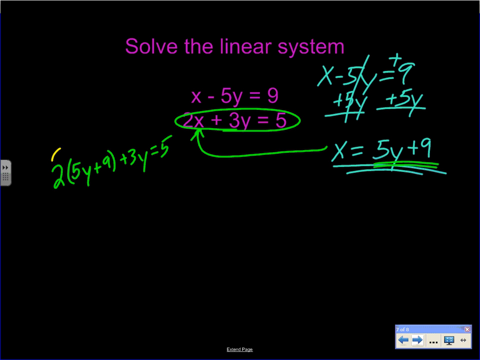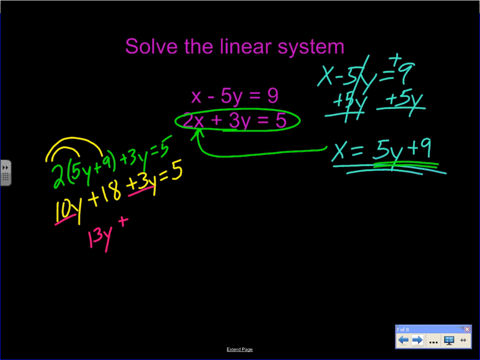Let's go ahead and distribute. 2 times 5y, 2 times 5 is 10y. And 2 times positive 9 is a positive 18. If we notice, the y's are both on the same side of the equal sign, so we just go ahead and add those together like combining like terms. 10y plus 3y is 13y.